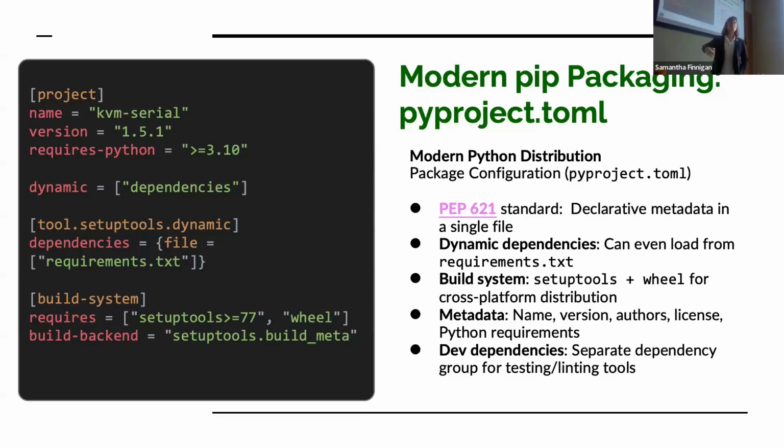And you don't have to completely throw away your requirements.txt, because you can load it up inside pyproject.toml and just import the stuff and use it from there. All of the build system you declare in there. Really useful. That's something I'll be doing again for other projects, because it made the process much easier. And you can put all your dev dependencies in there as well, which is nice.